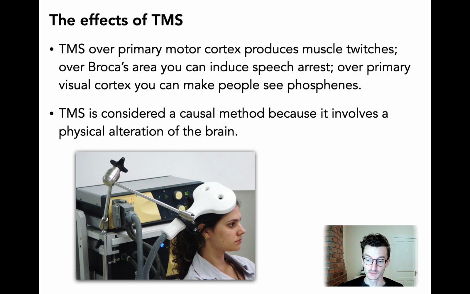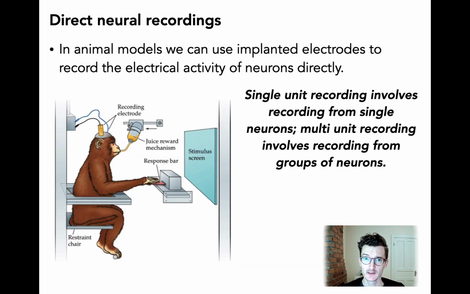So let's talk about some correlational techniques, some techniques for correlating brain activity with behavior. So one of those techniques we can do with animal models, and you already saw a little bit of this in the last lecture. I showed you that video of Hubel and Wiesel's famous experiment where they're recording from primary visual cortex in cats.